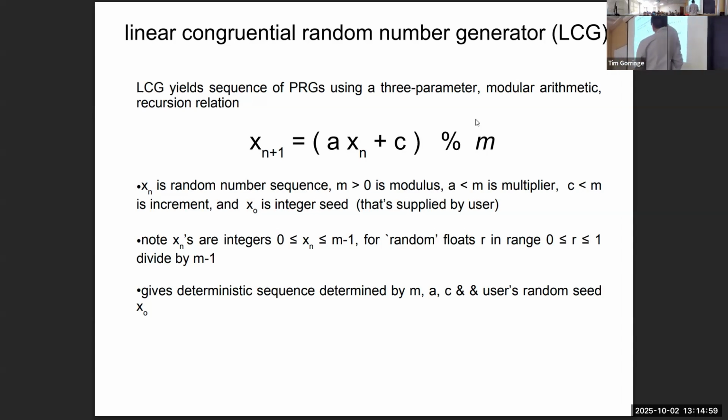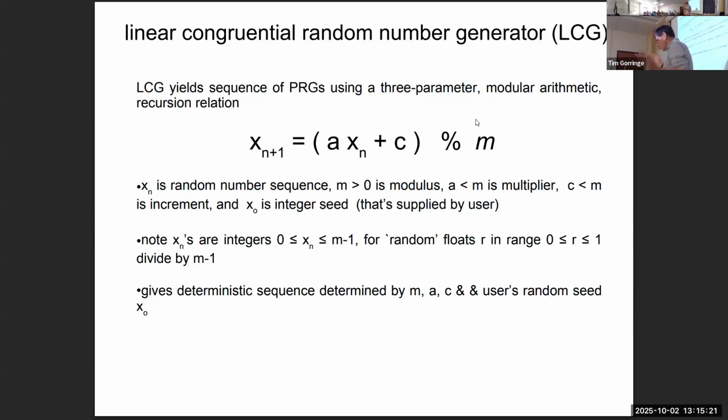But the idea is the same. Again, with this generator, you can have 0, by the way, because the constant means you can climb out of 0.